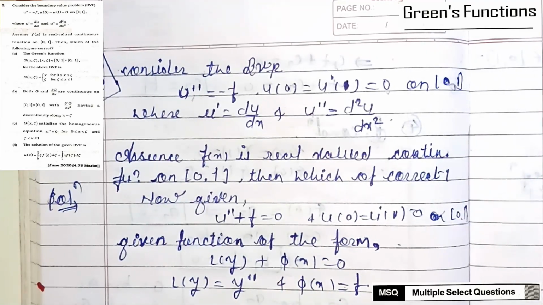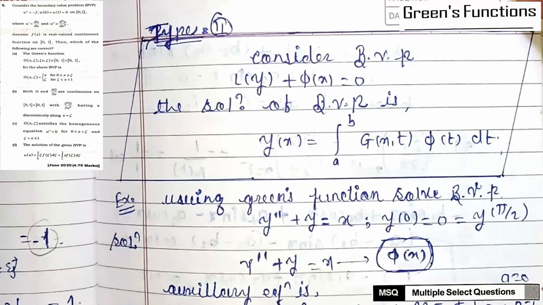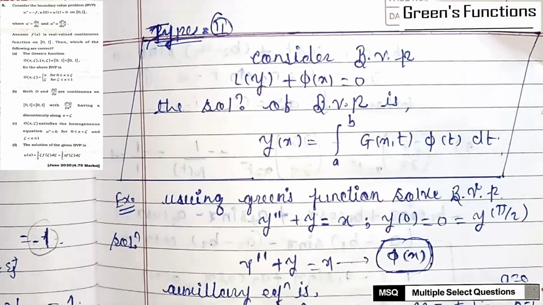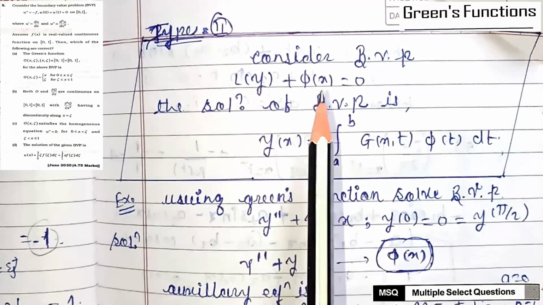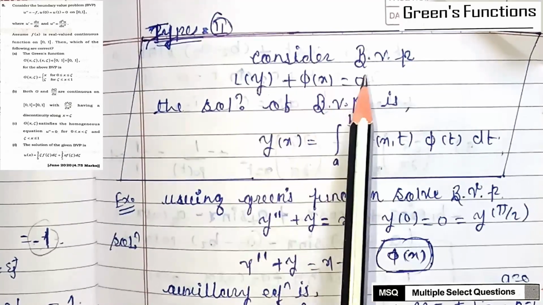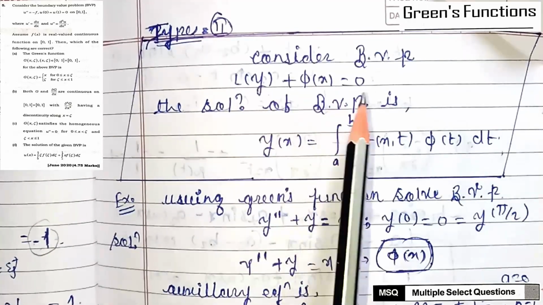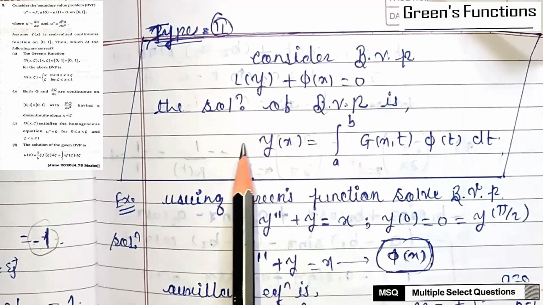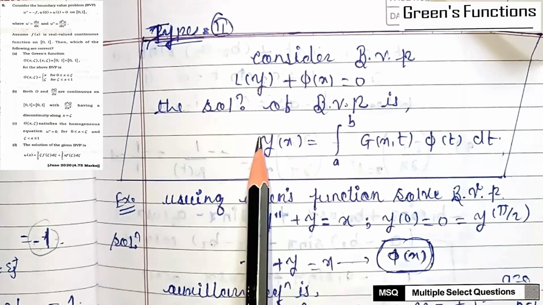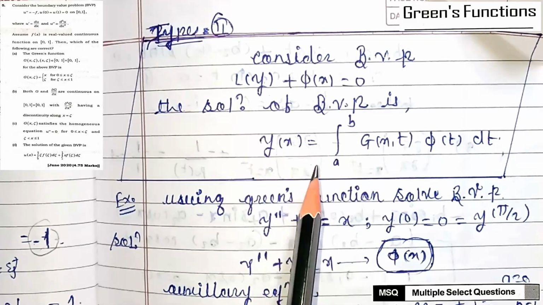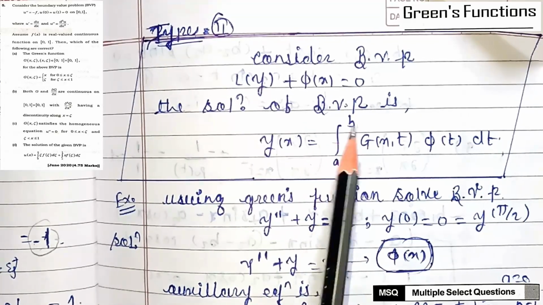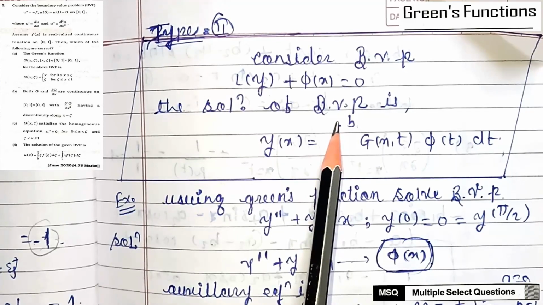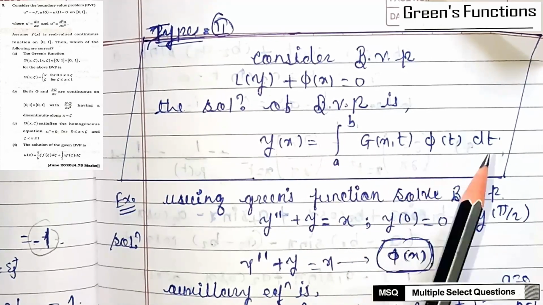Now let me explain the case also. Here we have the second type of case. When we have a boundary value problem like L of y plus phi of x equal to 0, and we want the solution of the boundary value problem, we take y of x as the solution, equal to the integral over a to b, the limits given in our problem, of g of x, t, phi of t dt.